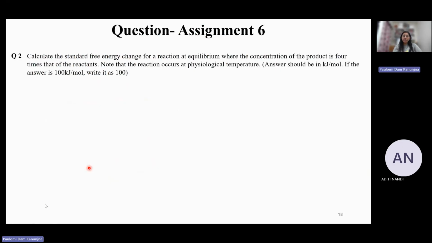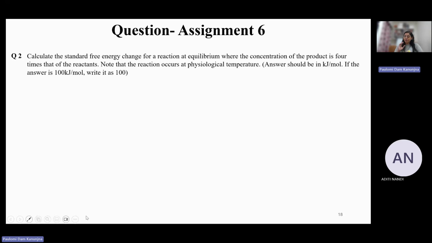So physiological temperature, if you remember, we just encountered in the molarity of water question. So try to remember the different delta G formulas that we had encountered.